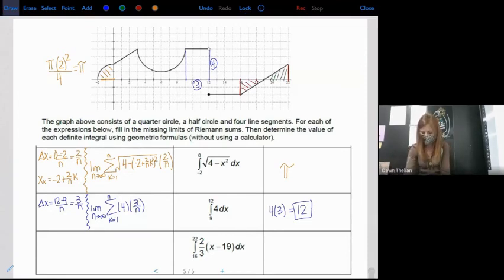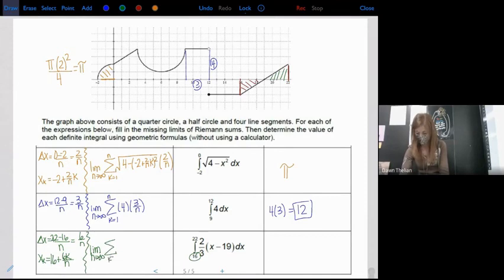Let's first get our Riemann sum, delta x, 22 minus 16 divided by n, 6 over n. x sub k, 16 plus 6k over n. The limit as n approaches infinity of the summation from our first to our nth rectangle.